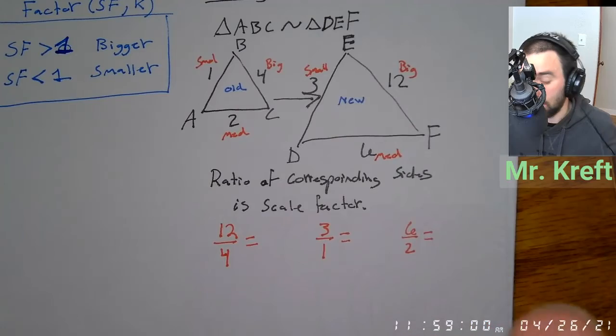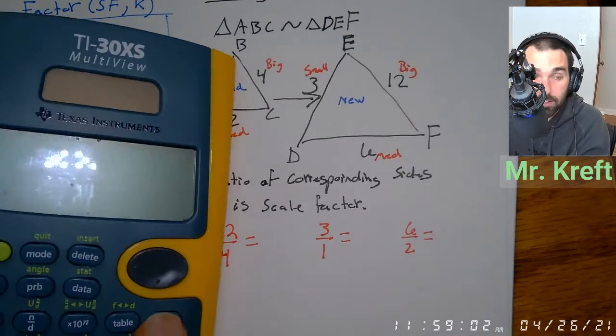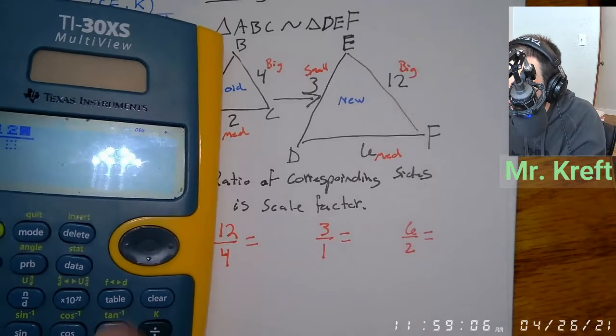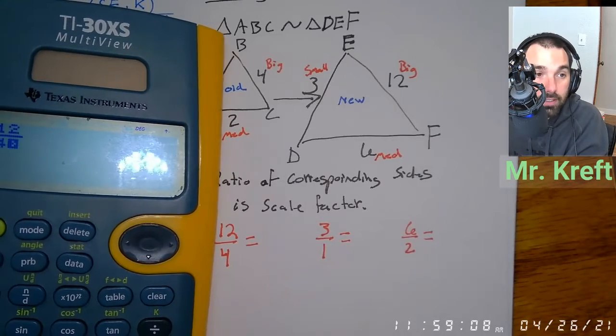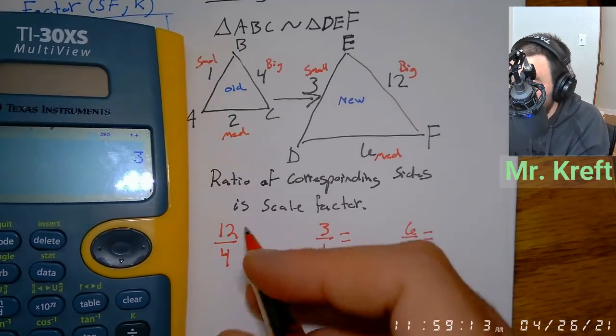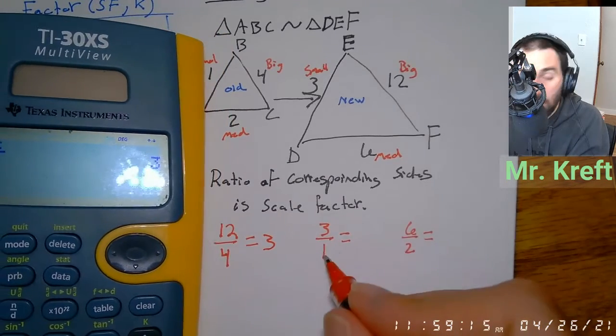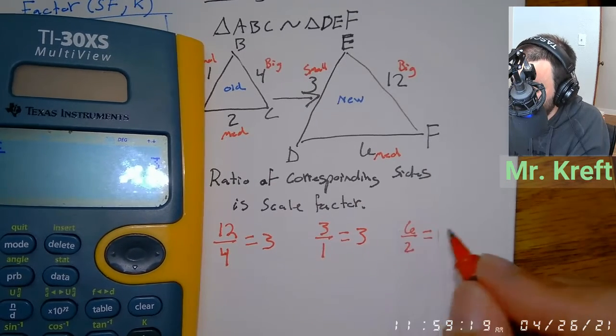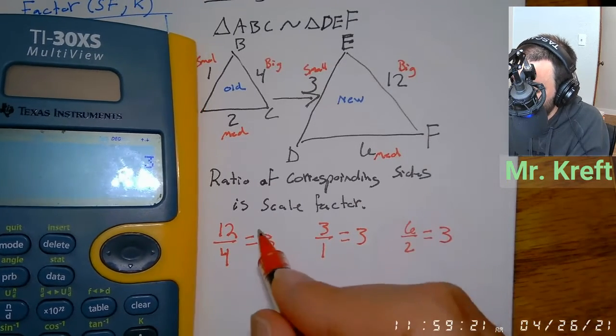Because everyone has access to technology, if you just type this into Desmos or a physical calculator, it will reduce it for you. So 4 goes into 12 3 times, 1 goes into 3 3 times, and 2 goes into 6 3 times.